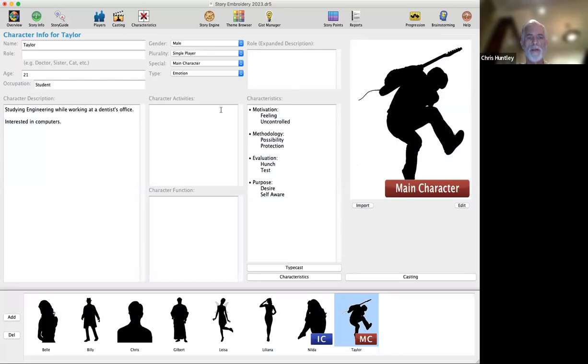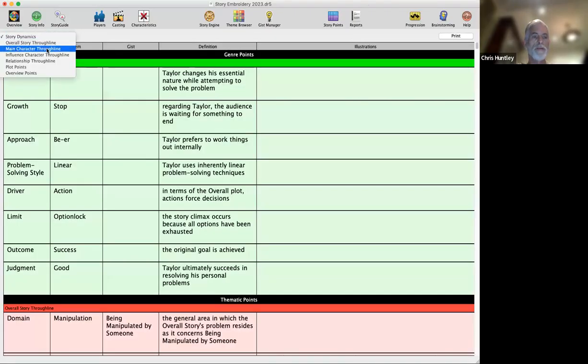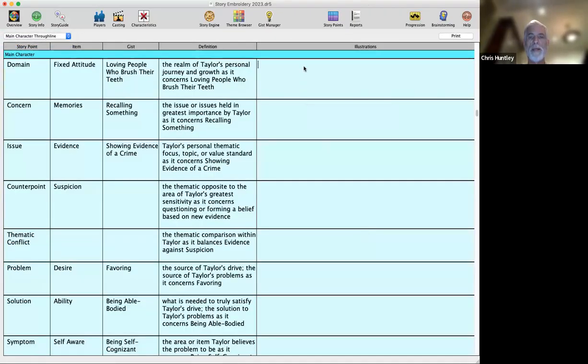He's 21, and he's also part of the future funeral directors, planners group. But he's the emotion character, and his through line, his main concern, is loving people who brush their teeth.